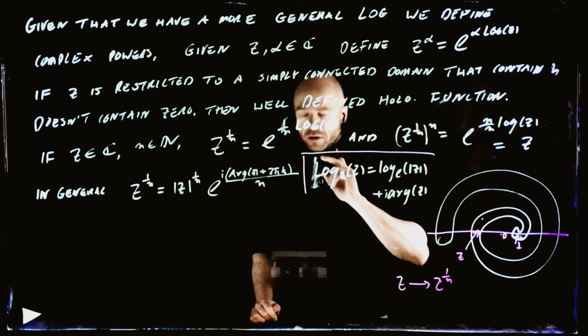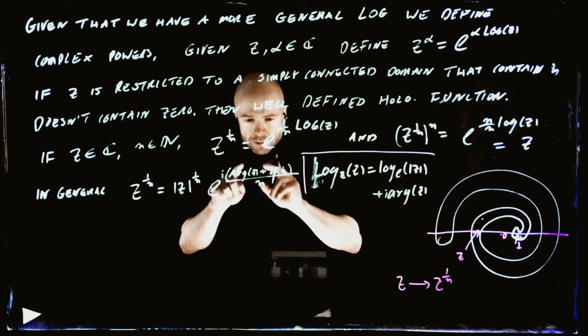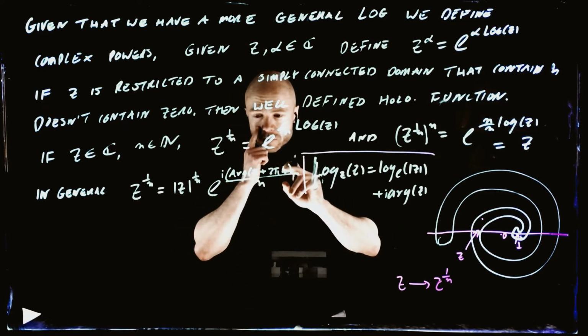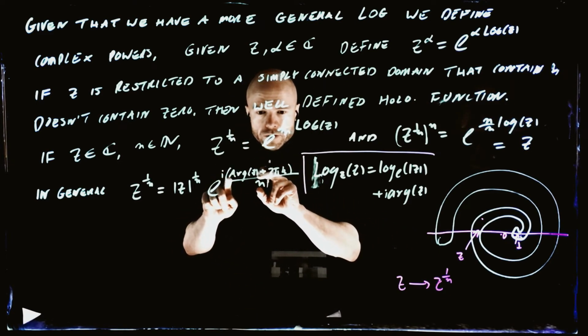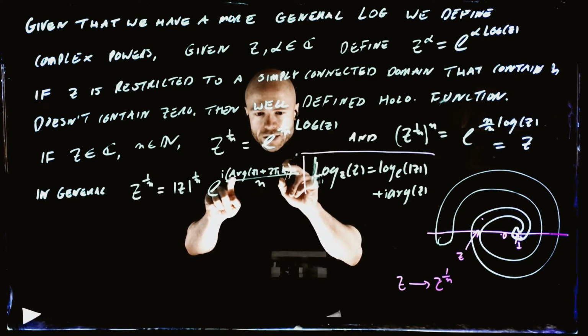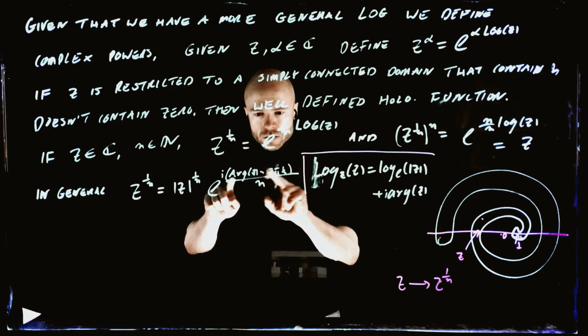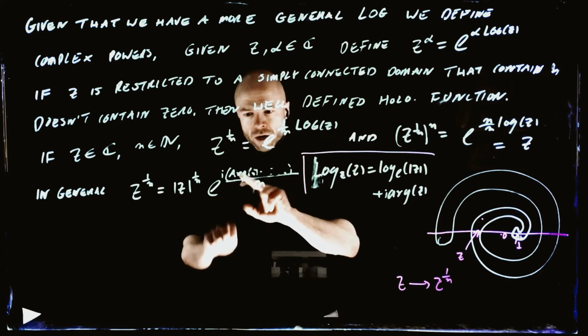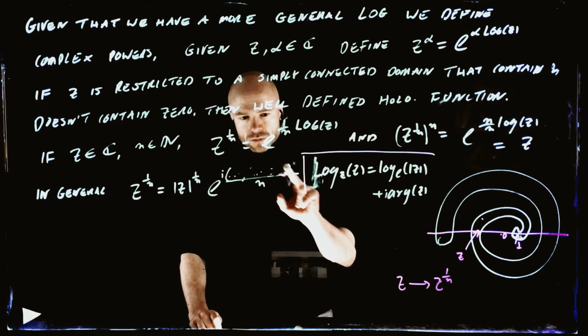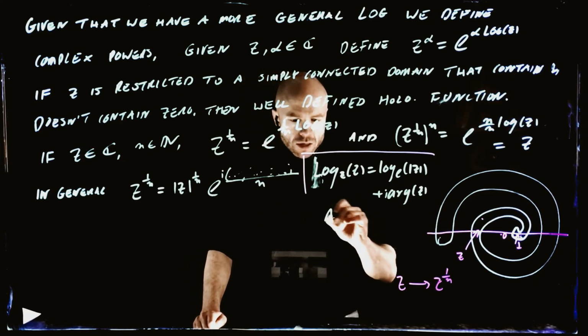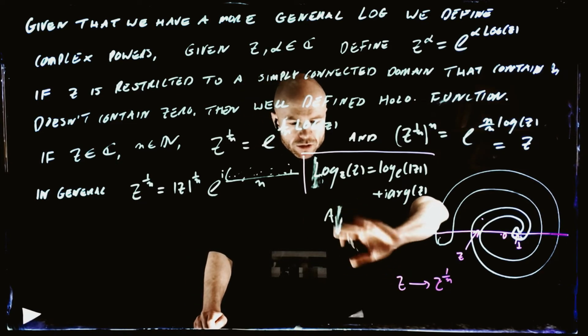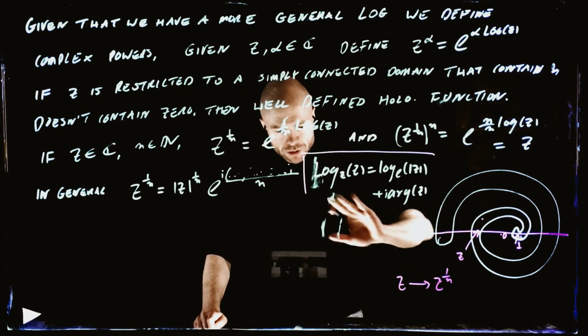Okay, so now we are going to stick that continuous choice of argument into this thing. And let's just fix k to be equal to 0. Let me write arg omega is the continuous choice of arg.